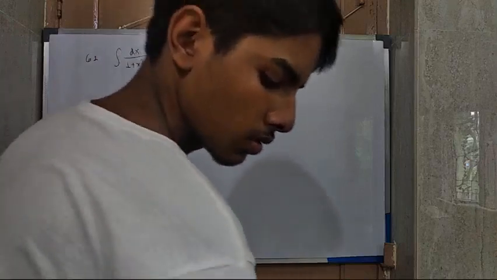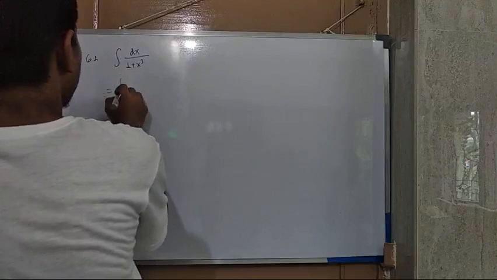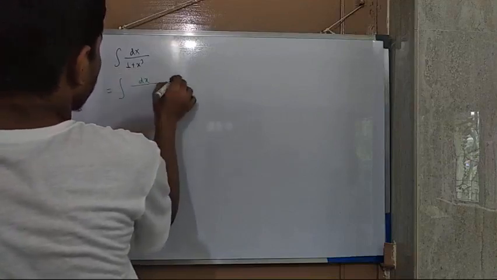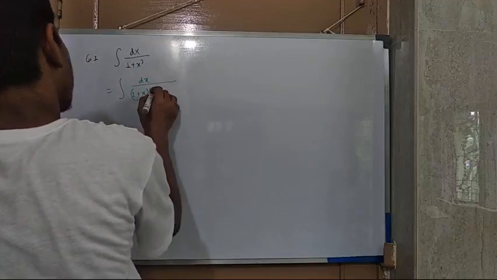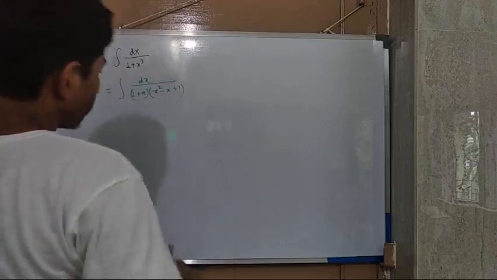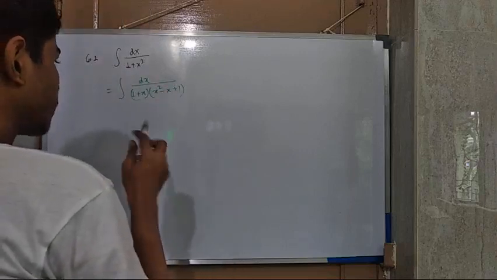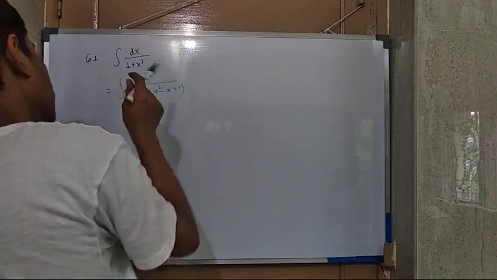So for this question, let's write it as dx divided by (1 plus x) times (x squared minus x plus 1). Okay, so let's now do partial fractions on this one.